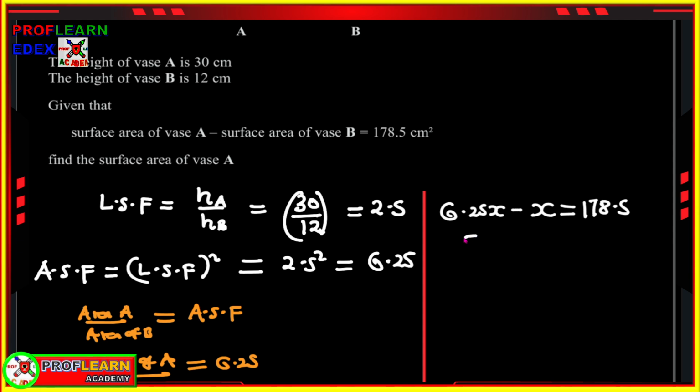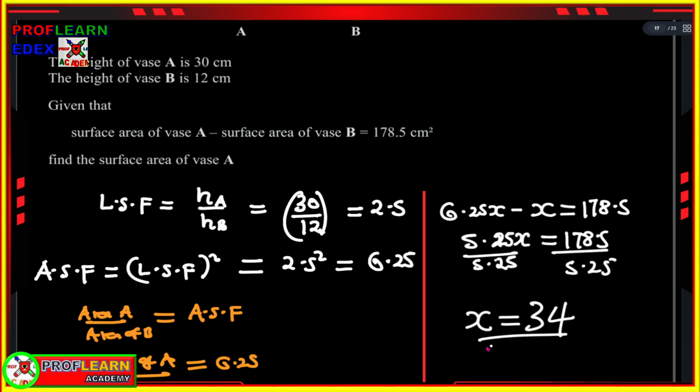So 5.25x is equal to 178.5. Divided by 5.25, our x will be equal to 34. Our x is 34.